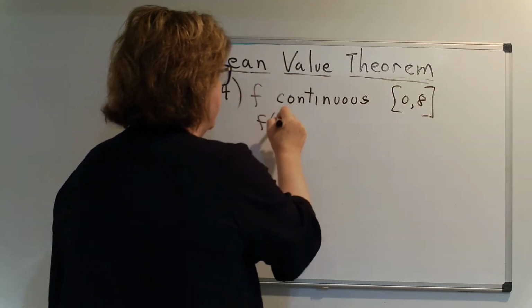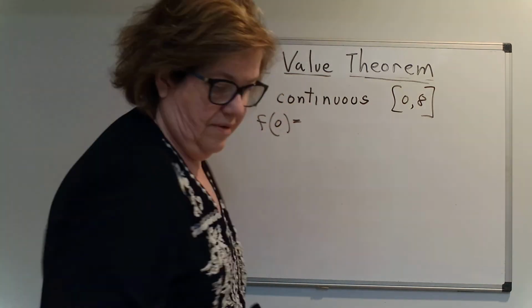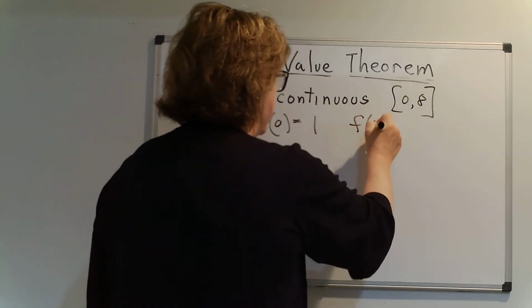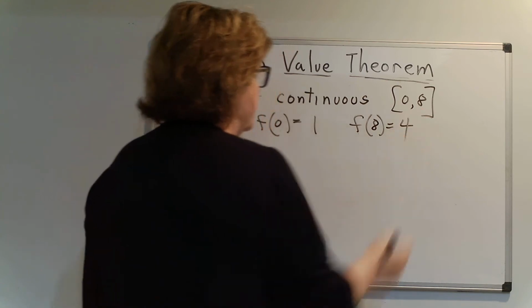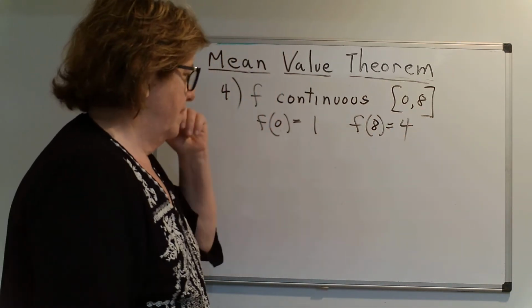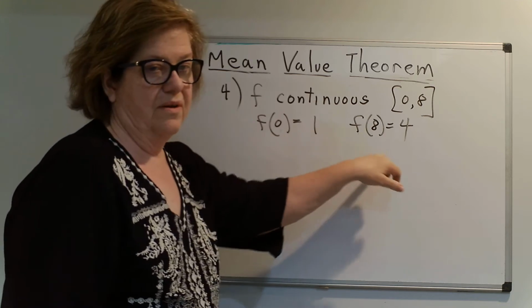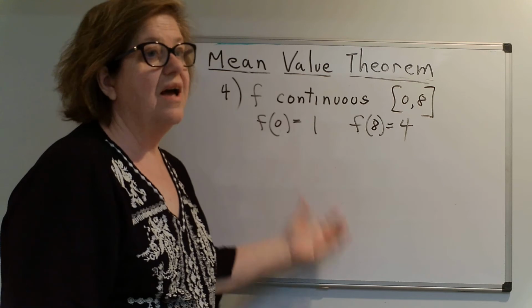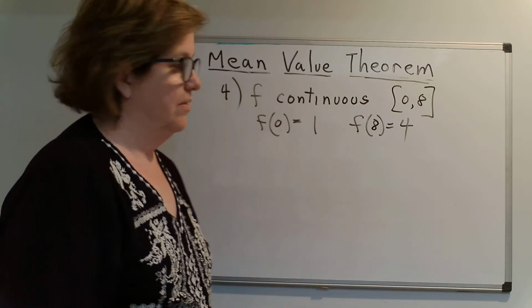And they also give you that f of 0 is equal to 1 and f of 8 is equal to 4. So it's continuous from 0 to 8. And f at 0 is 1, f at 8 is 4. Give me a function that does not satisfy the mean value theorem.